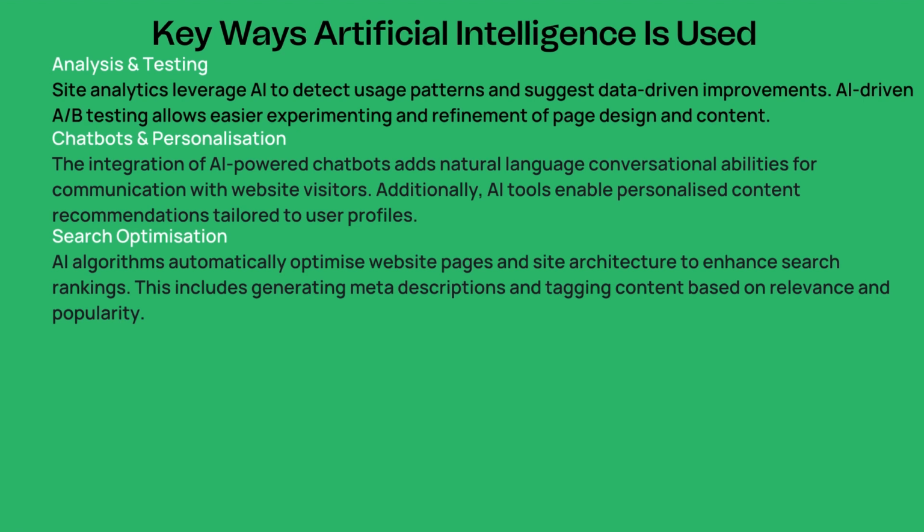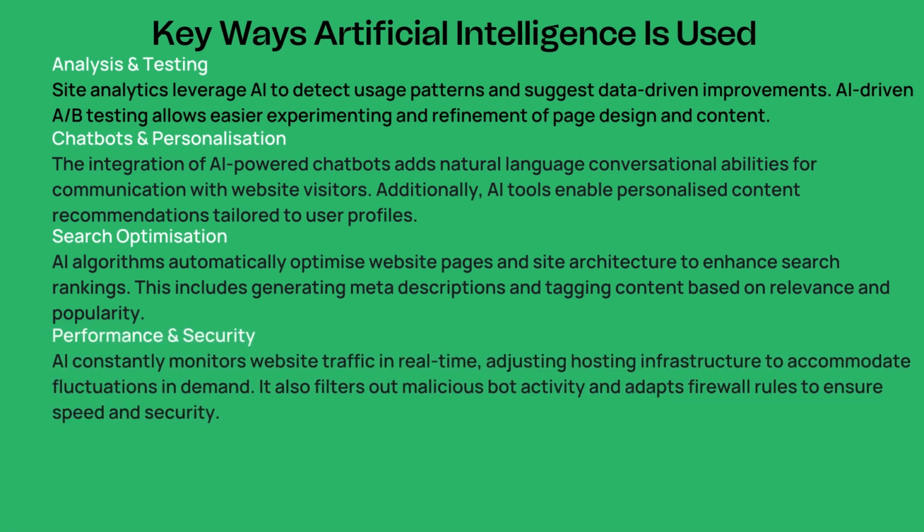So AI monitors traffic in real time to scale hosting infrastructure when demand fluctuates. It also filters malicious bot activity and adapts firewall rules, which is great, as this maintains speed and security. So you can see that there are several different key ways artificial intelligence is used with these website builders.